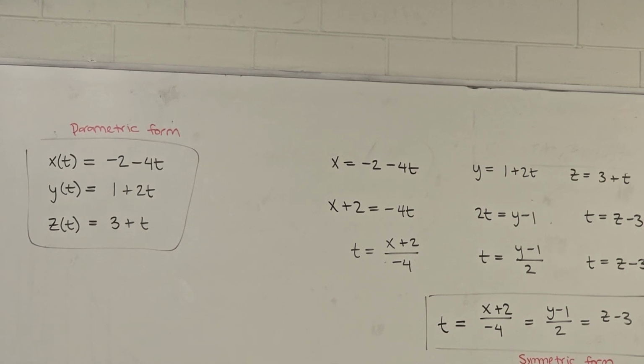Vector component form, which you can either write as x of t, y of t, z of t, or you can write it in this idea, which is going to be some point plus t times your direction vector. Almost always, you're going to have to start in this form. You need a point, you need a slope.